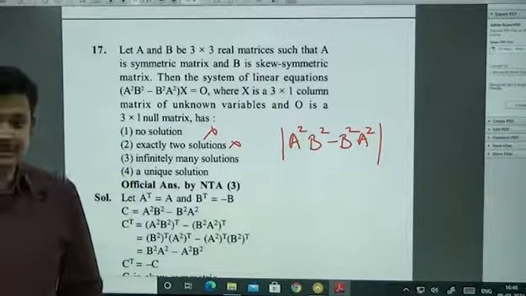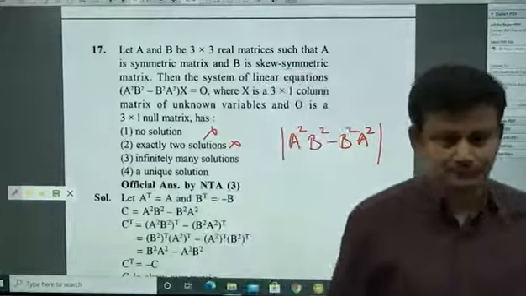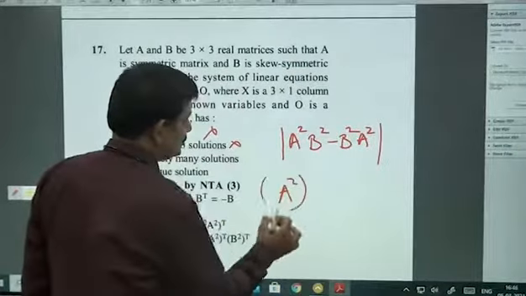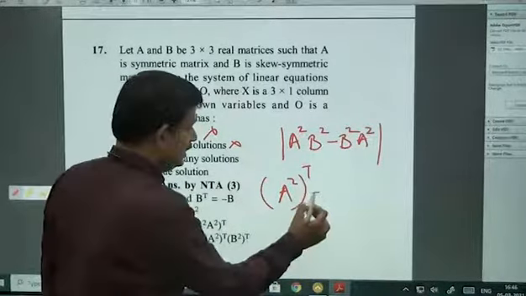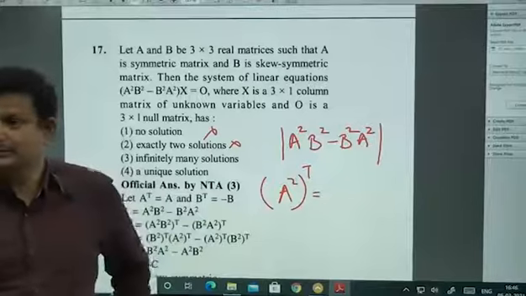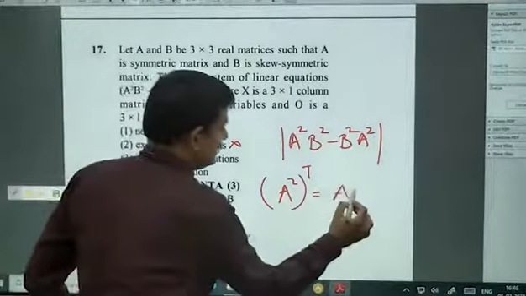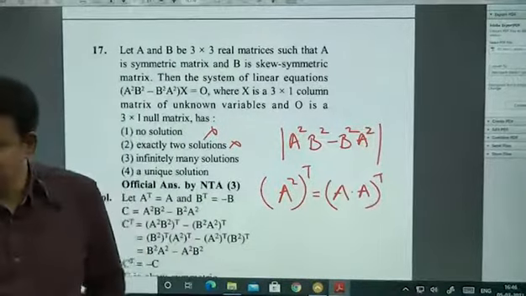If A is a symmetric matrix, what can you say about A square? A square transpose will be what? Is it A transpose whole square? Let me see. This is A into A transpose. Yes or no? Reversal law.